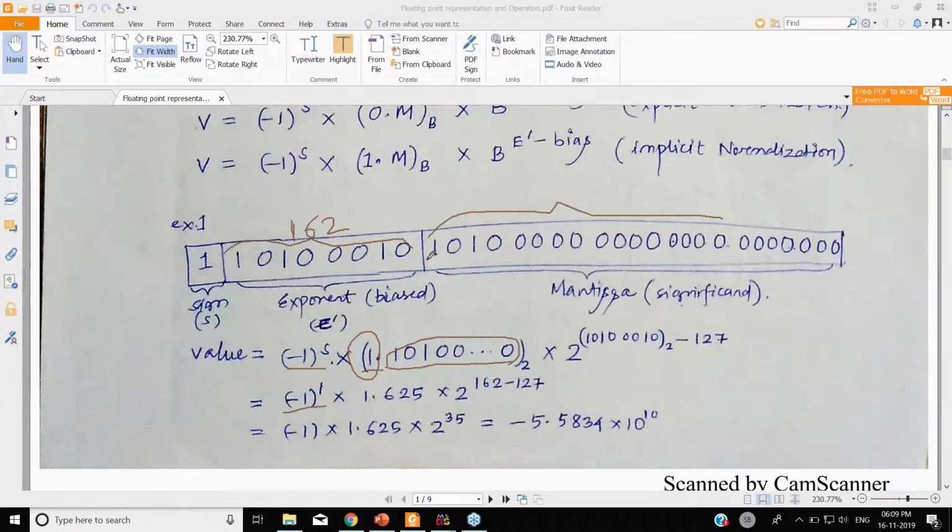This is multiplied by our exponent, the 8-bit exponent, which is 162, and we subtract the bias from it.